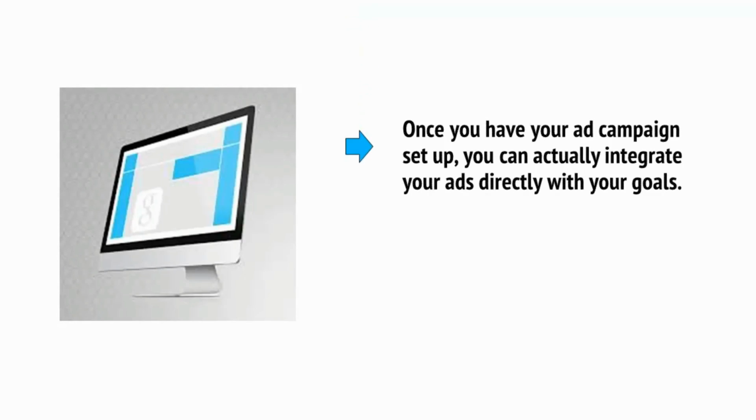You can use Bing Ads to set up goals and then see how customers are interacting with those goals. You may recall that we discussed goals in an earlier video in the context of Google Analytics. We also discussed how you could use these to identify the best keywords for your ad campaigns. Well, once you have your ad campaign set up, you can actually integrate your ads directly with your goals.